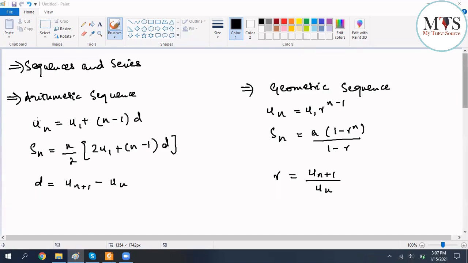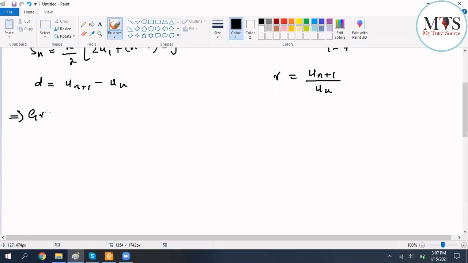Next thing you need to be aware of is the growth or decay of something. When talking about growth or decay, it's basically linked to geometric progressions. The formula for that is un equals u0 times r to the power of n.